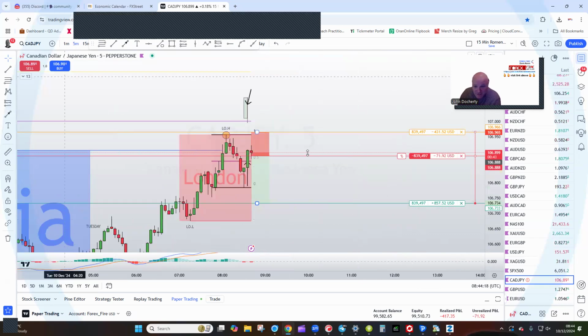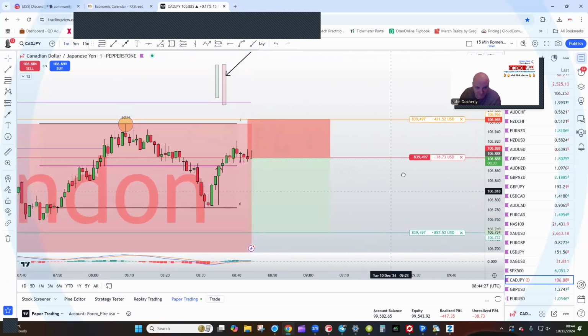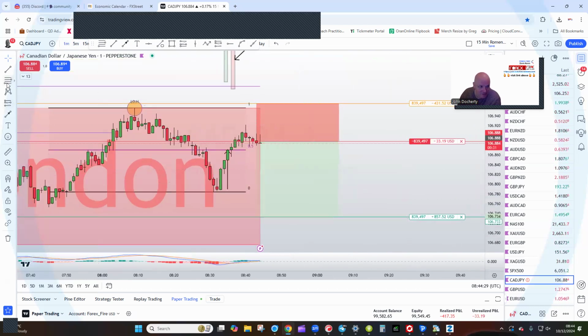So if we do get any good movement in price and we do get some profits, we can look and start partialing some stuff off. Okay. So again, we'll just keep an eye on this stuff.